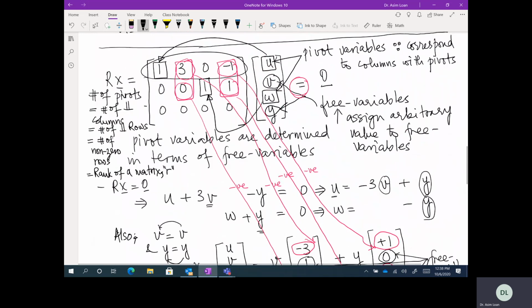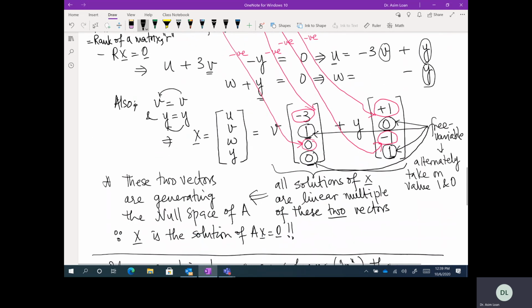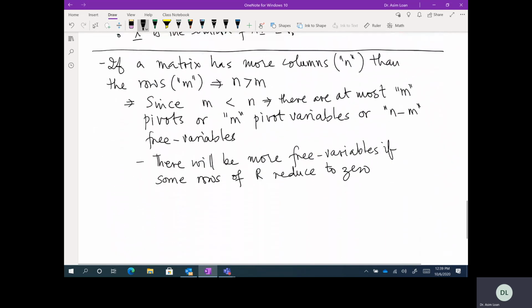Here m is equal to 3 and n is equal to 4, but there is this one row which is 0. So your number of pivot variables is 2, and the number of non-pivot variables, or the free variables, is 4 minus 2, which is also 2. So there will be more free variables.